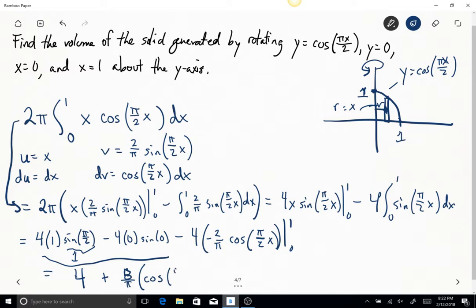Cosine of pi over 2 minus cosine of 0. And so this whole thing equals 4. Cosine of pi over 2 is 0, and cosine of 0 is 1. Okay? And so that means 8 over pi times negative 1, that would be minus 8 over pi. And that's our final answer.